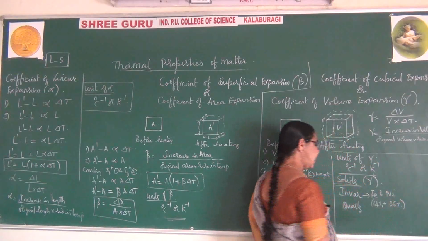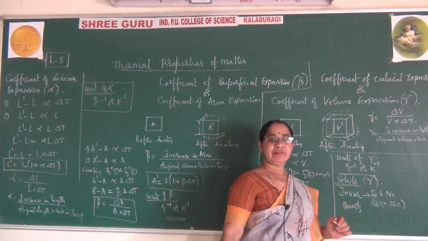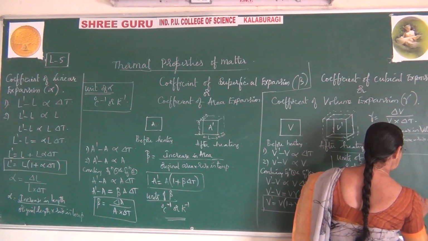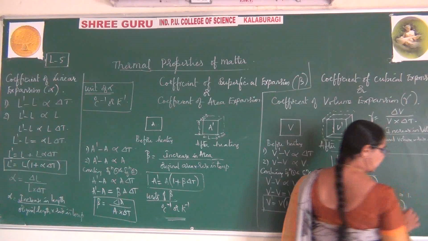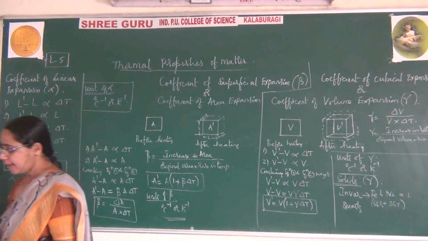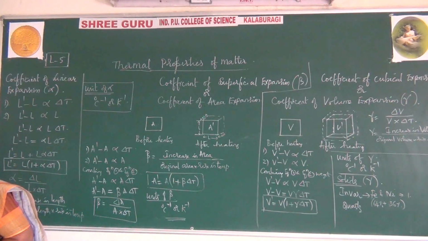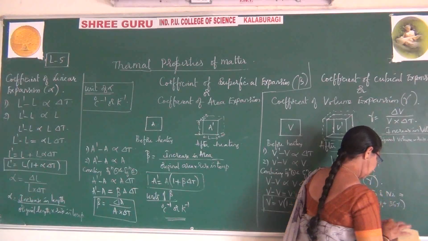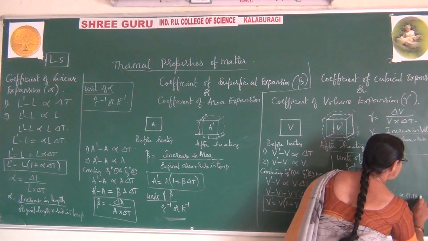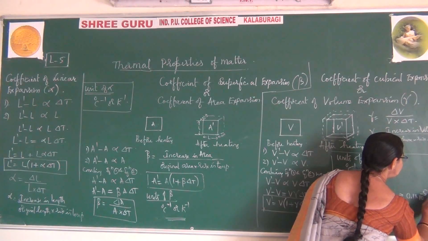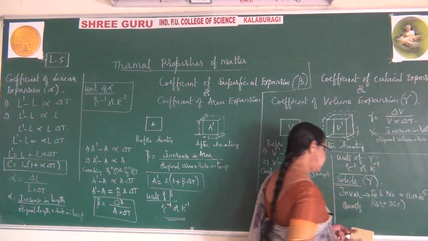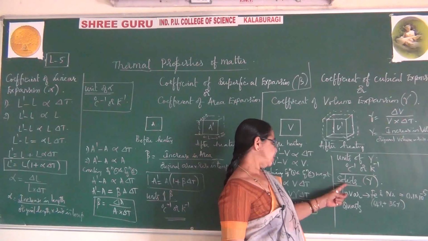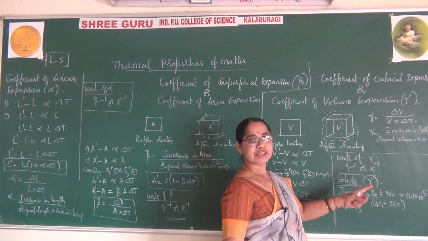So the combination of iron and nickel we call invar material, and it has a coefficient of expansion of 0.1 into 10 raised to minus 5 per degree centigrade. This is the value for invar material, which is very small. You can observe the coefficient of expansion is small.